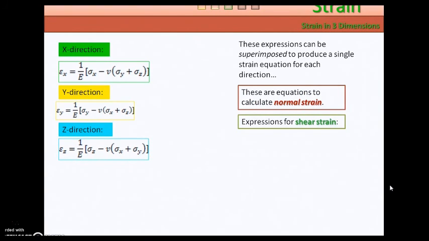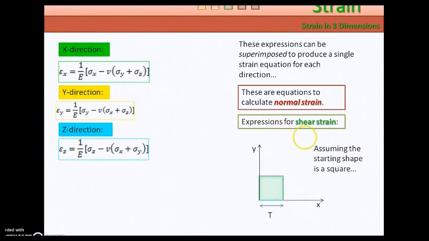As we have normal and shear stresses, we also have normal and shear strains, and these equations are used to calculate normal strains. The simplest case for determining shear strain can be seen here with this schematic.